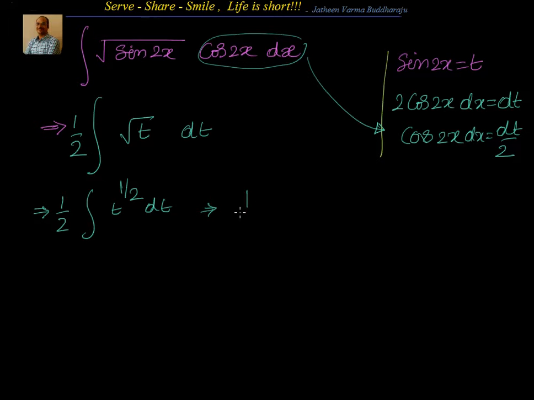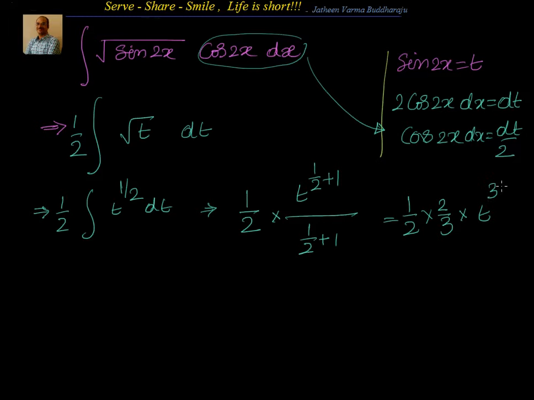We know the integral of x power n is x power n plus 1 by n plus 1. So that is t power (1 by 2 plus 1) divided by (1 by 2 plus 1), which is equal to half into 2 by 3 into t power 3 by 2 plus c.